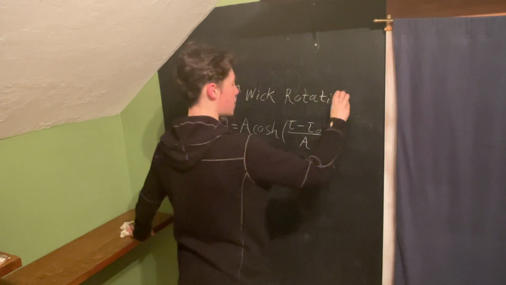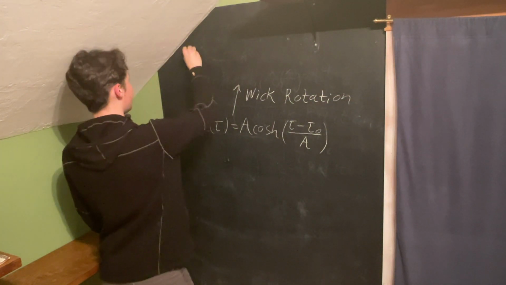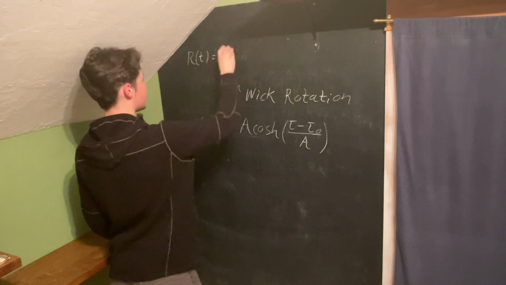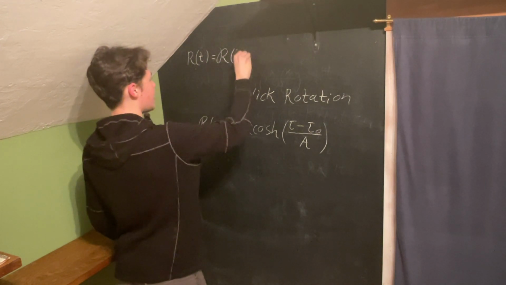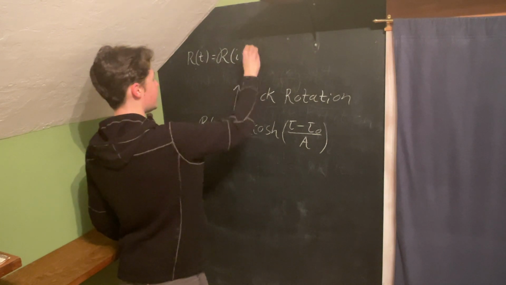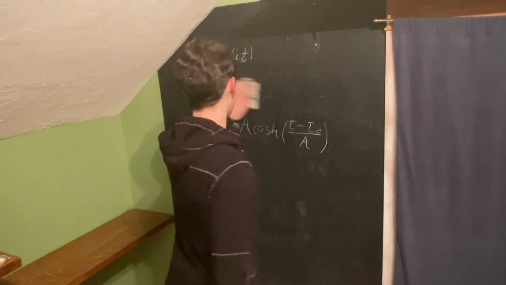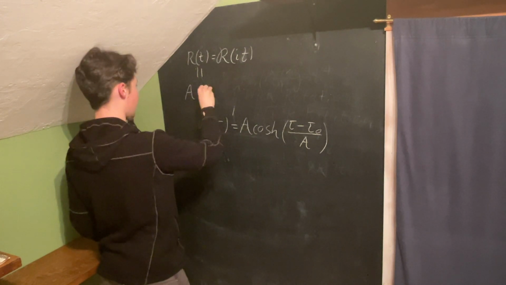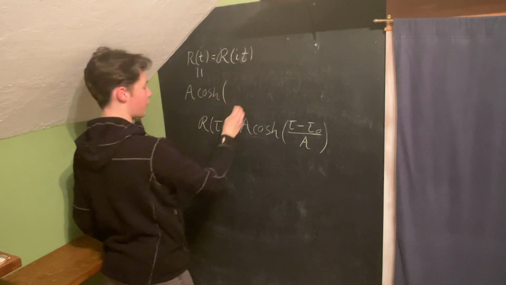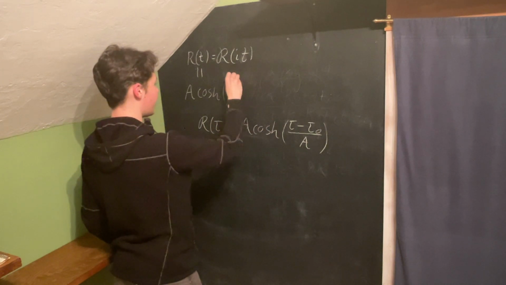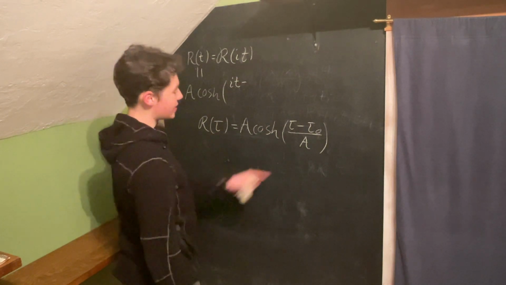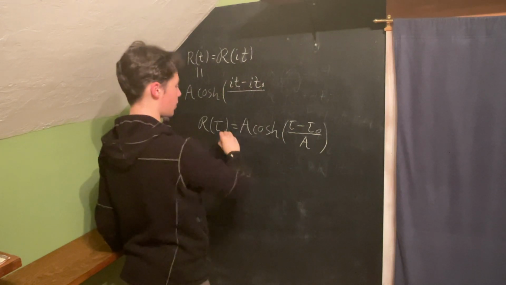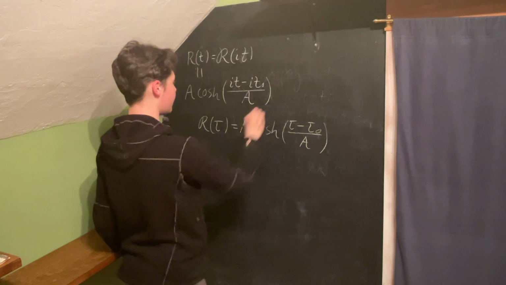So Wick rotation here, and we get that our original function r of t, which is this function down here, r of it, is all going to evaluate out to be equal to a cosh of, here we have it, minus, and then I'm going to call tau naught i t naught over a.